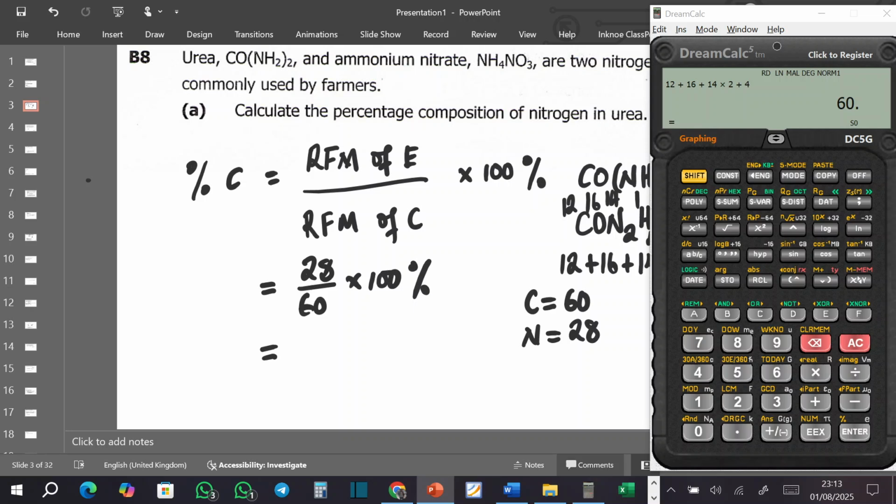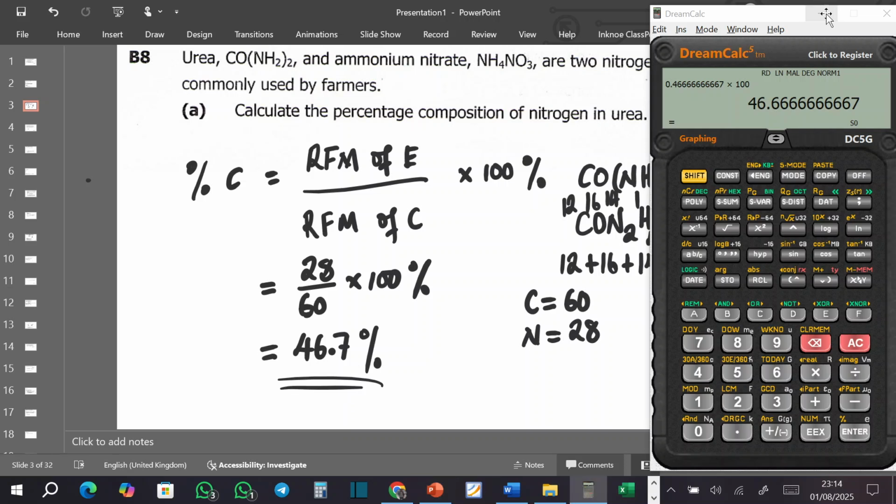So you divide 28 divided by 60 equals 0.46 times 100 equals 46.7. When you round off, the 6 becomes 7, like that. So that is the answer from mole concept.